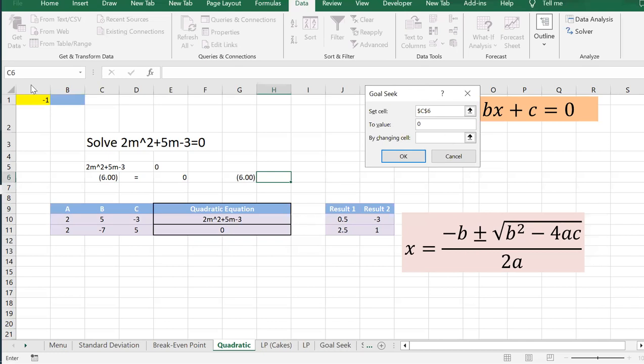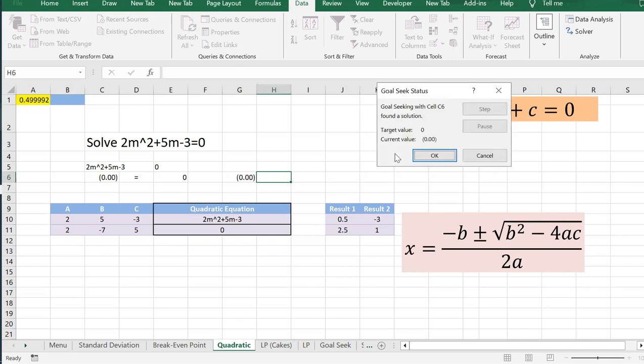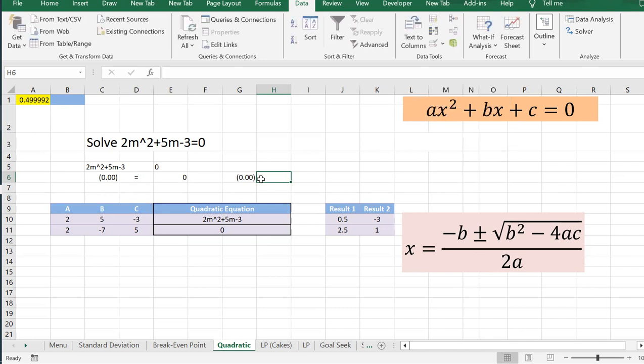And by changing this, okay? So we click here. That's it. So it has become 0, and it has made the value 0.5. That's right.